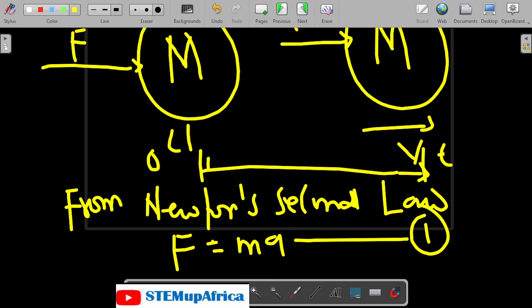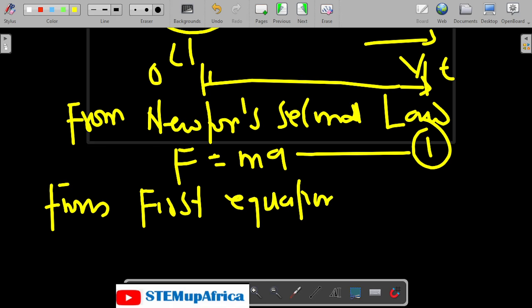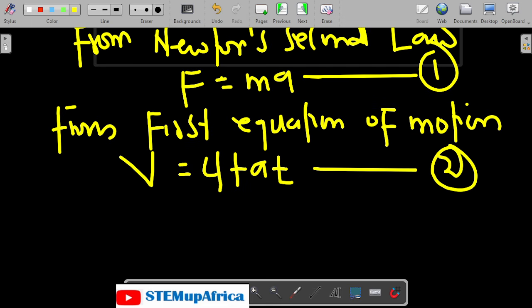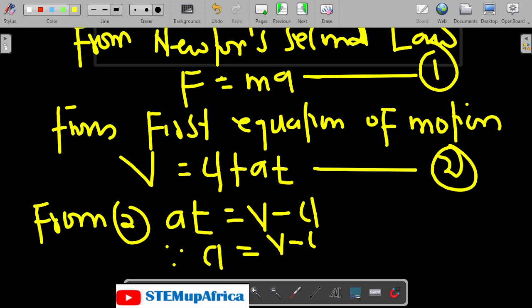But we are deriving, so you have to state all the data. Then from the first equation of motion, we have v equals u plus at. Let's call this equation 2. So let's make a the subject of the formula from 2. From 2, I'm having at equals v minus u. Therefore, my a is now (v minus u) over t. Let's call this equation 3.